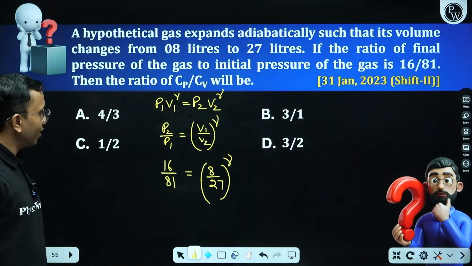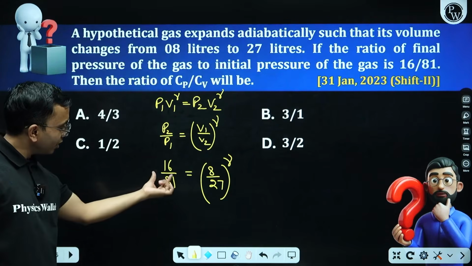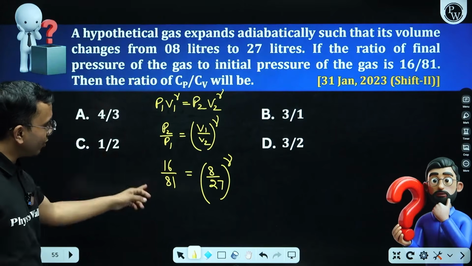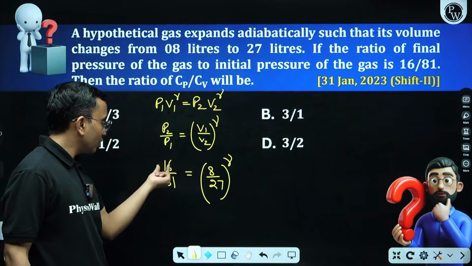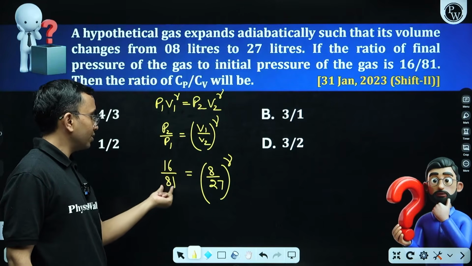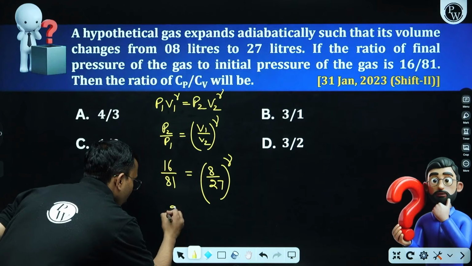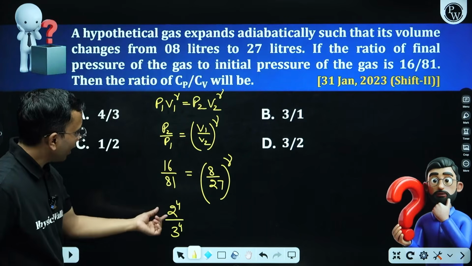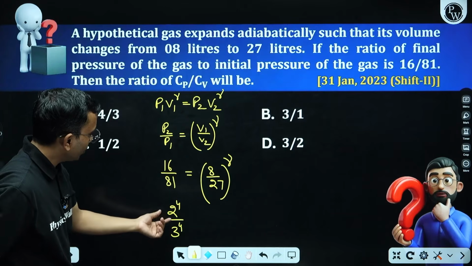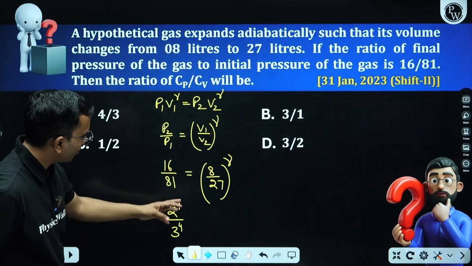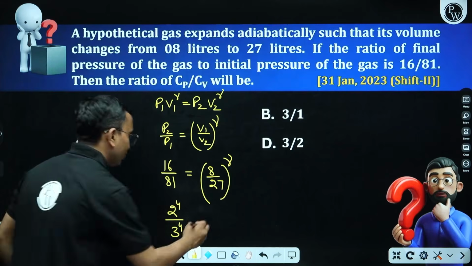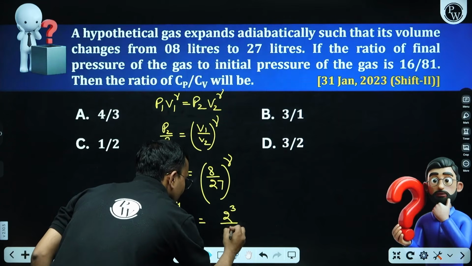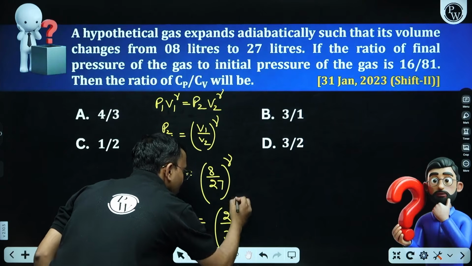Okay. Now, if you take 1 by 4, how can we reach it? How can we reach here? So this is 2 to the power 4. This is 3 to the power 4. And if you take 1 by 4th, this is 2 to the power... and here we are having 2 to the power 3 and 3 to the power 3, to the power gamma.